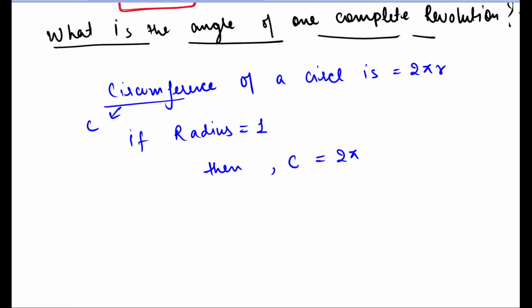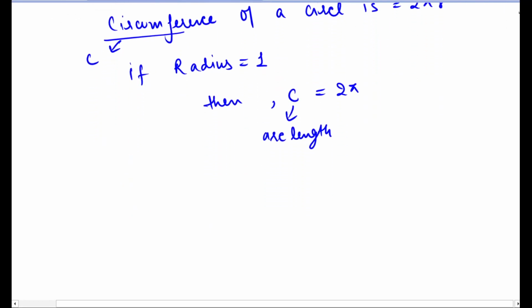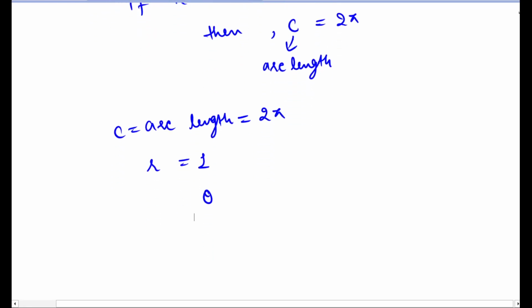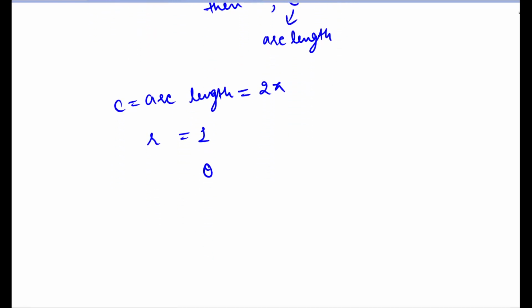So we can also say circumference is equal to arc length. So arc length C is equal to 2 pi, and radius is 1. Therefore, the angle subtended is 2 pi upon 1, so 2 pi radians.